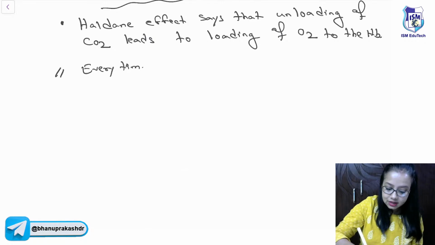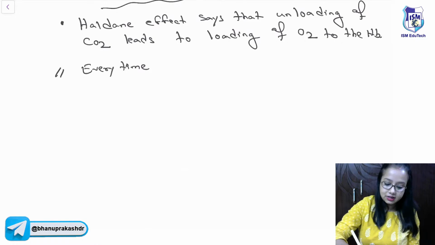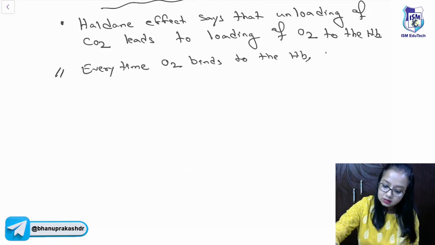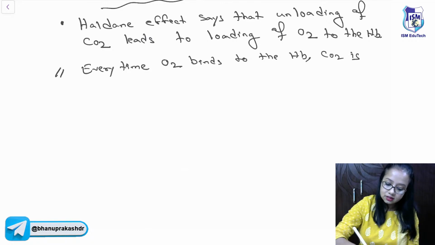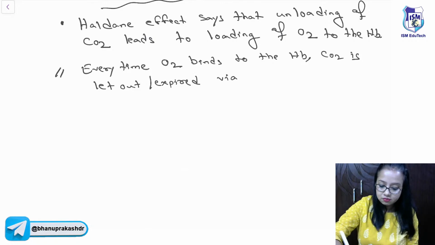in a very simple way, if we have to remember, every time oxygen binds to the hemoglobin, carbon dioxide is let out or expired via the lungs.